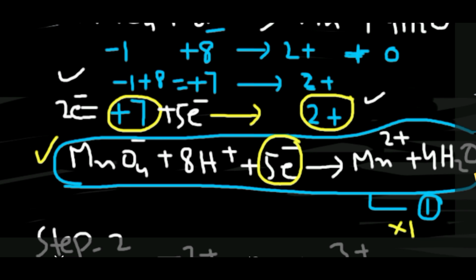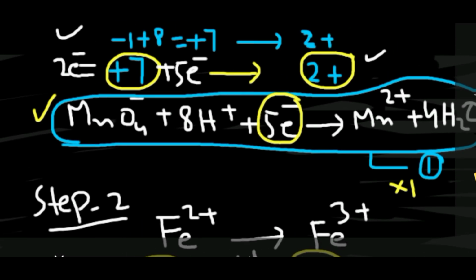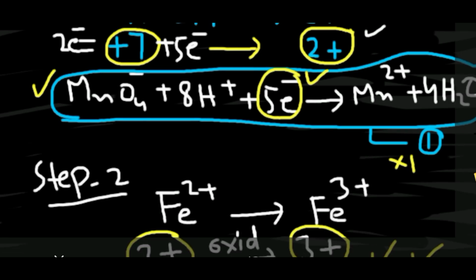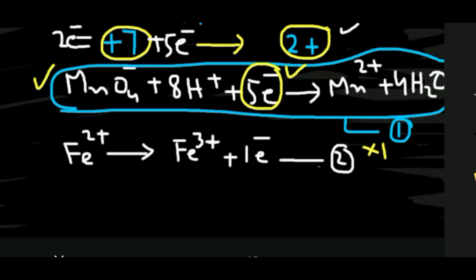And now, as 5 electrons are added in equation number 1, we will multiply equation number 2 by 5. So here we have equation number 1 and equation number 2.